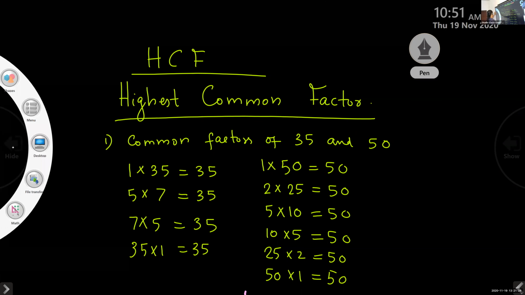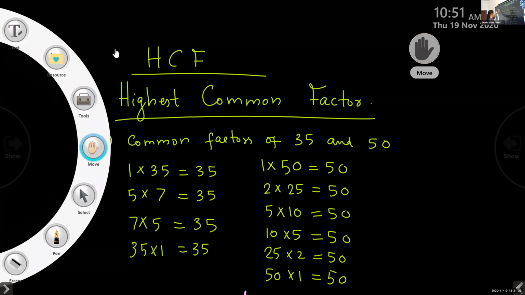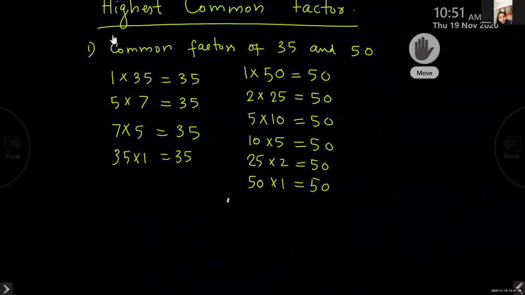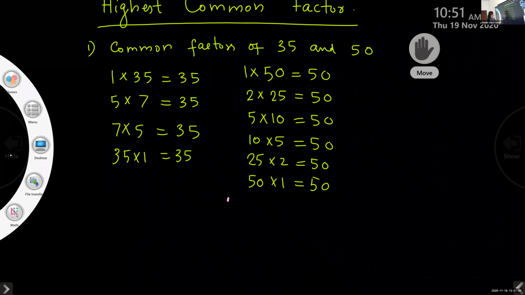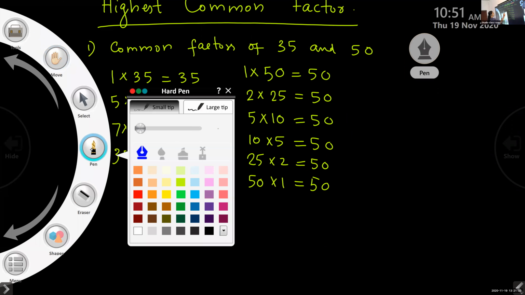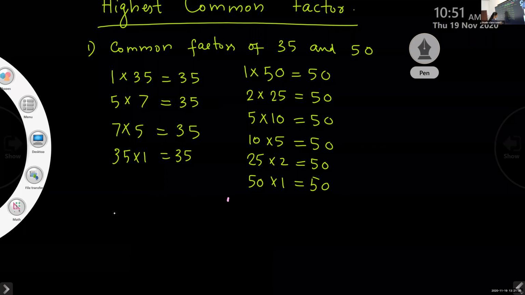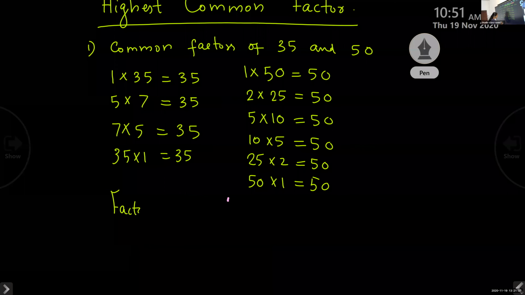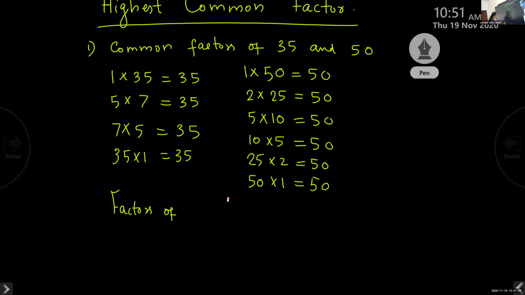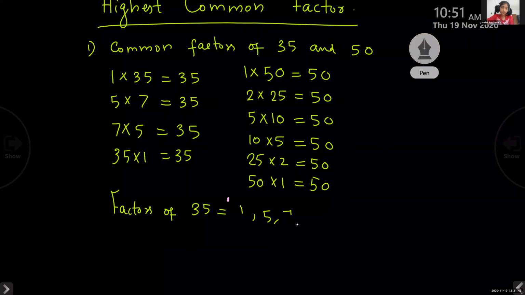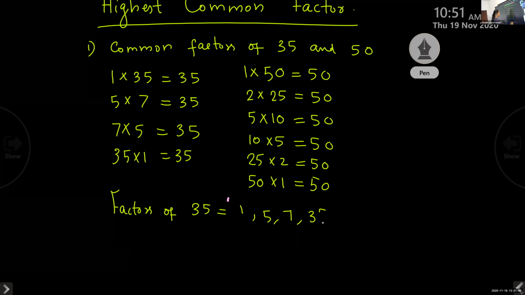Okay, then next one is factors of 35 and factors of 50. Factors of 35: 1, 5, 7, 35. Only this much.